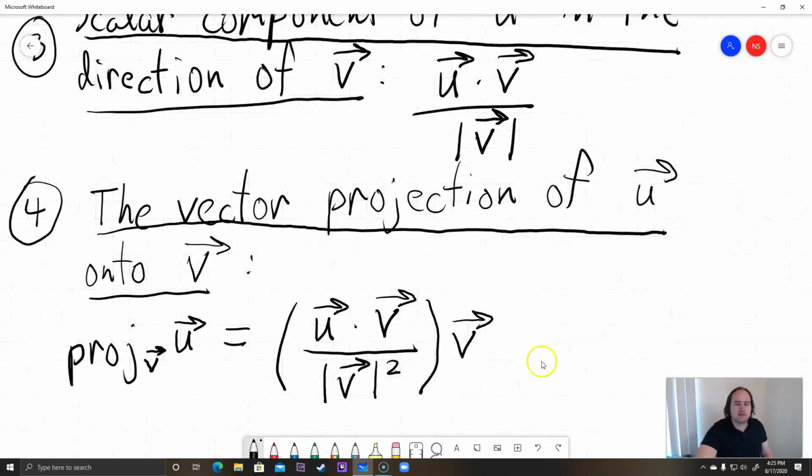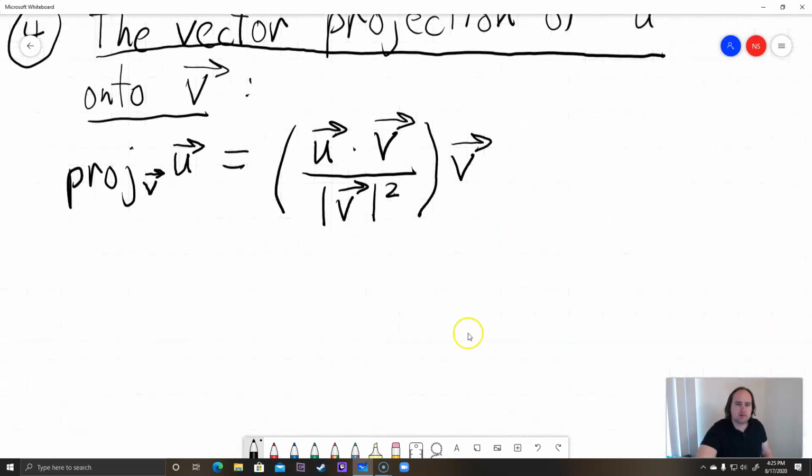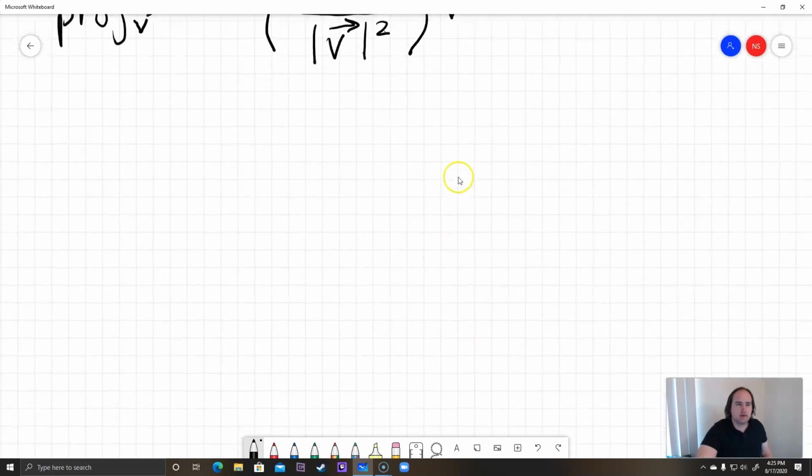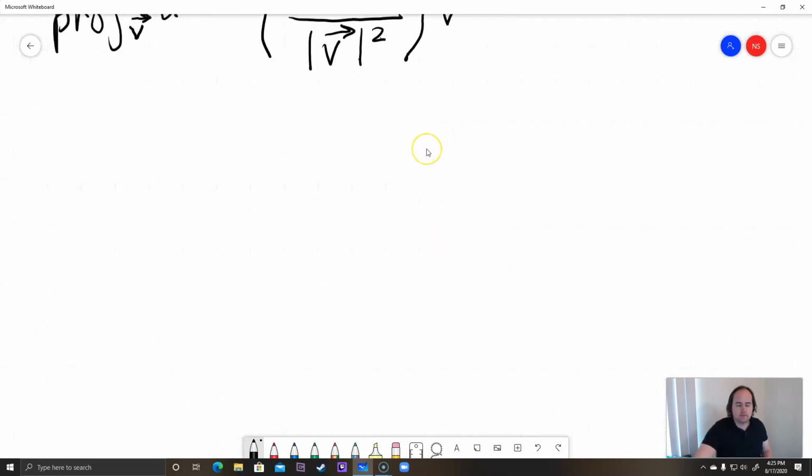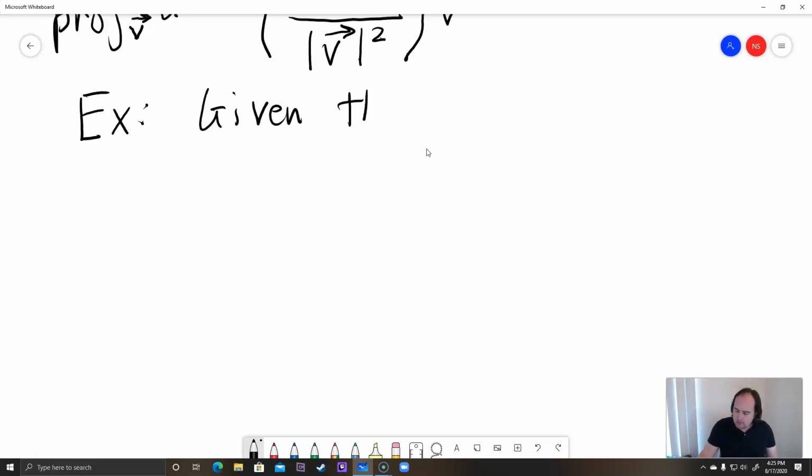Let's do one more example where we get to use these two formulas. Example.